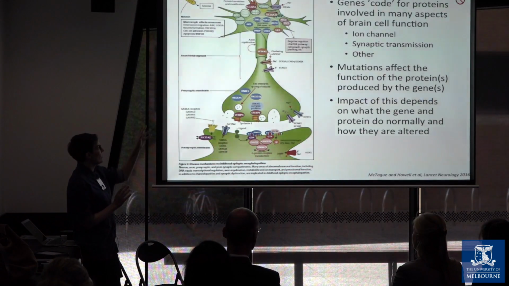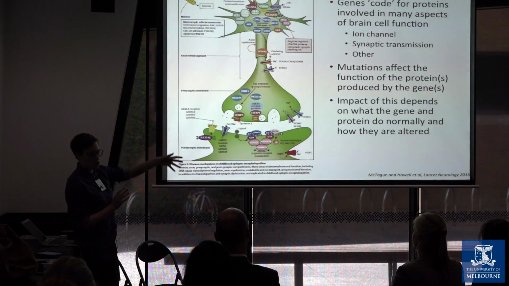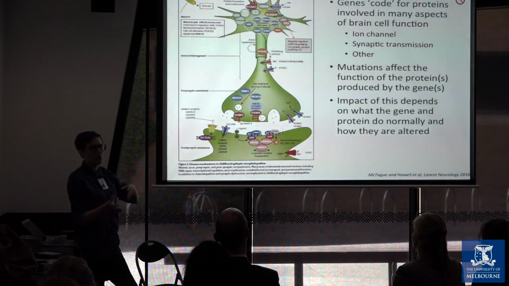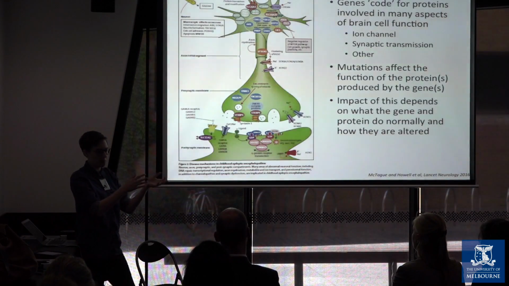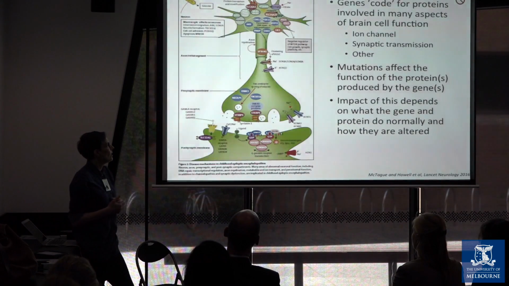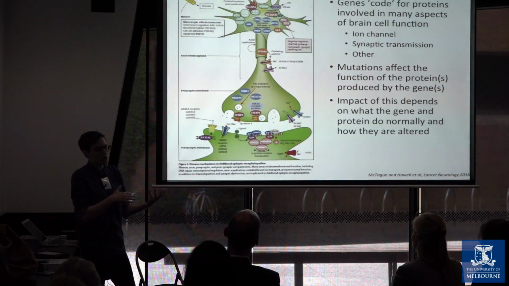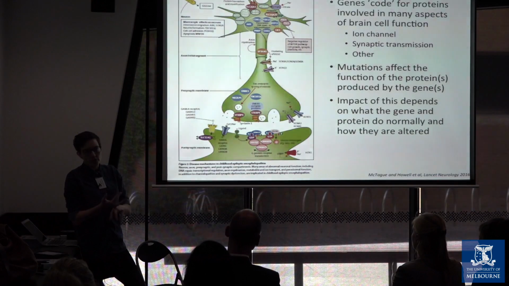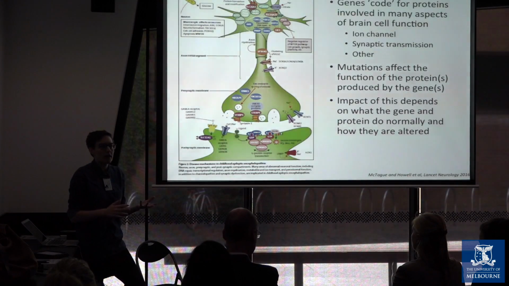So the mutations in these genes affect the function of the protein that is coded for by the gene. The gene is like the recipe that makes the protein, which is what works in the cell. But the impact of the mutation really depends on exactly what that particular protein does, how the mutation disrupts it, and when in life that protein is actually required.